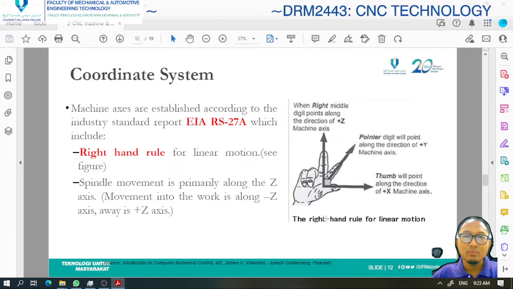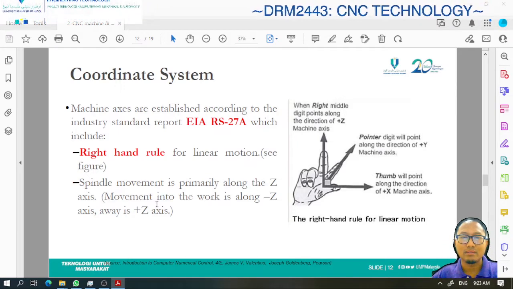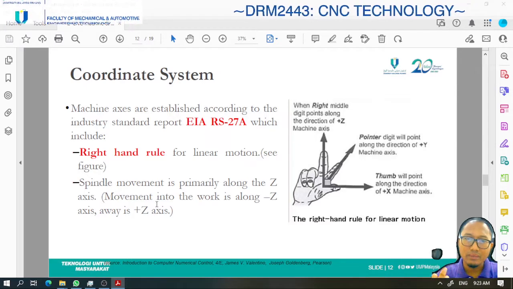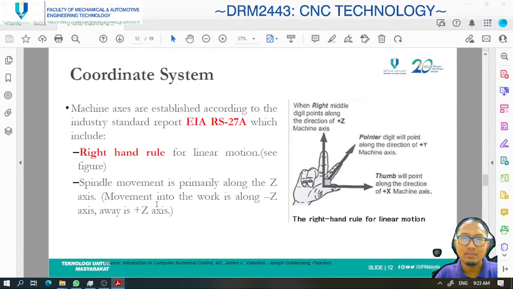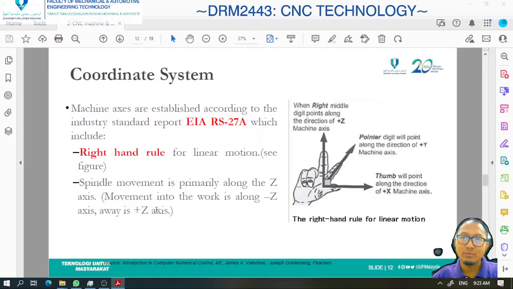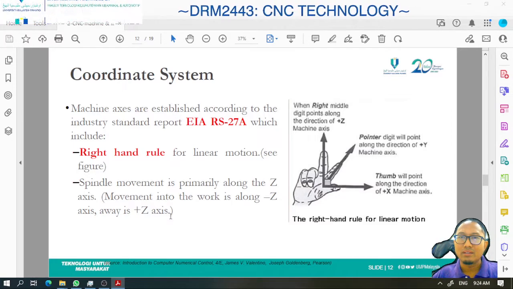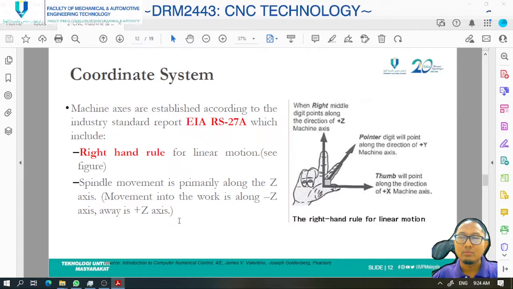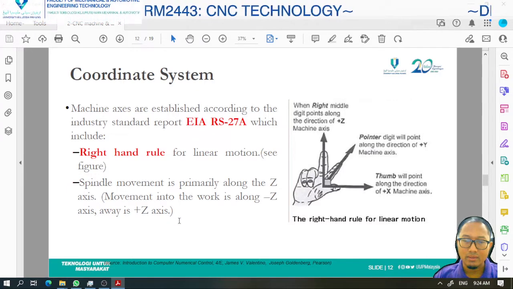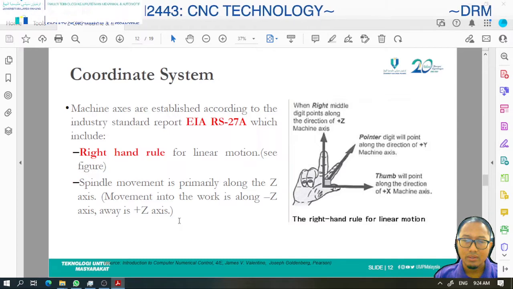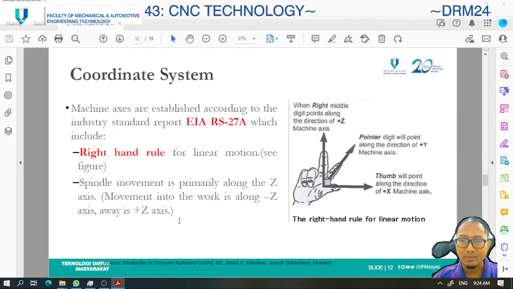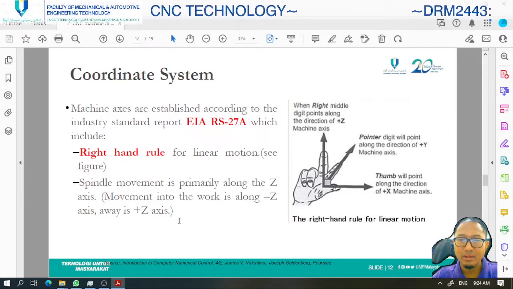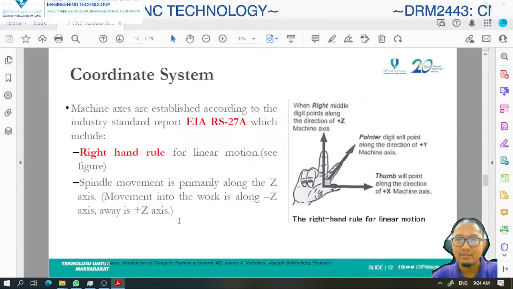The spindle movement is primarily along the z axis. So the spindle moves along the z-axis. In the actual machine, the part itself is going to move in the x and y axes.